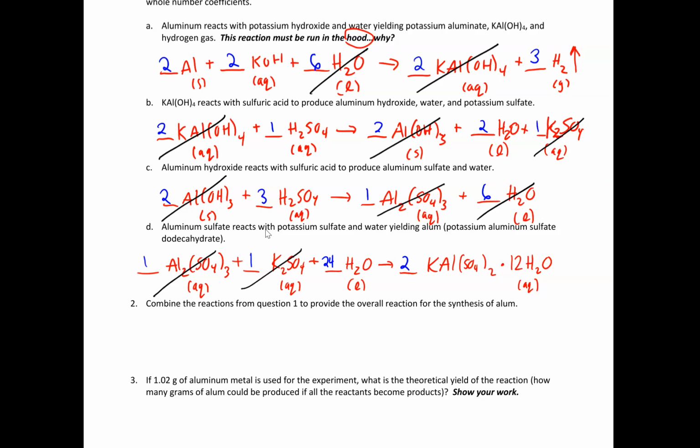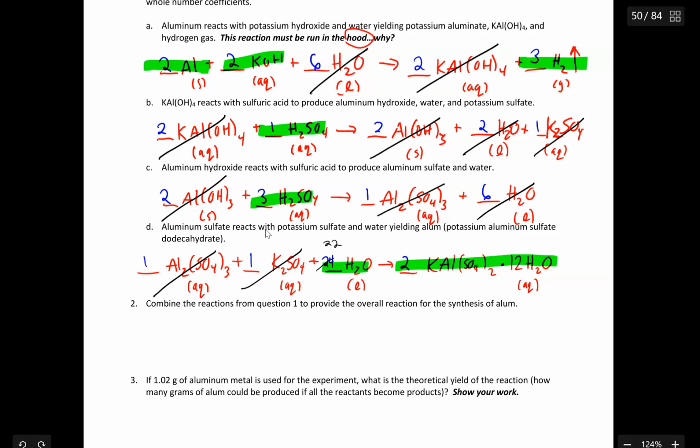We've got 2 waters here. It's going to give me 22 over there. And that really leaves us with our aluminums, our hydroxides, the hydrogen, H2SO4, water, and the alum itself.